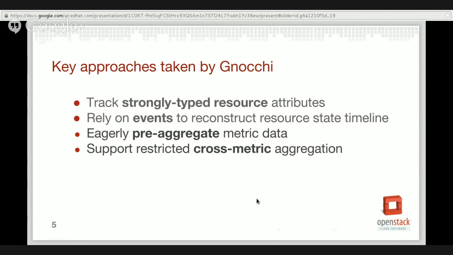So, for example, a resource beginning to be resized, the completion of a resize, a resource being suspended, an instance being restarted, those kinds of events that are relatively few and far between and are a much smaller volume of data to store than the continual repetitive snapshotting idea.